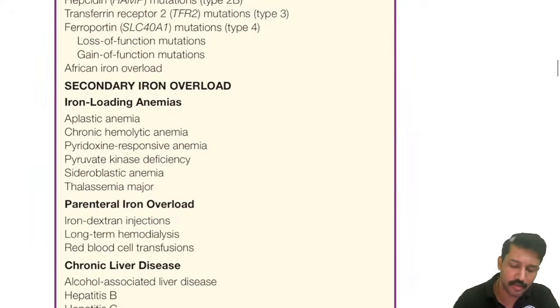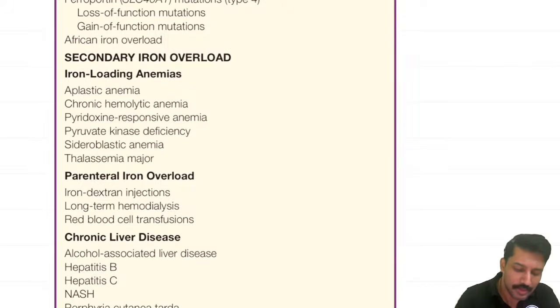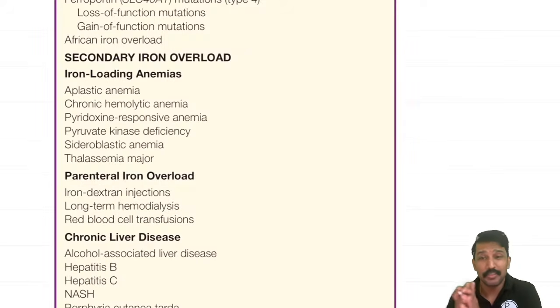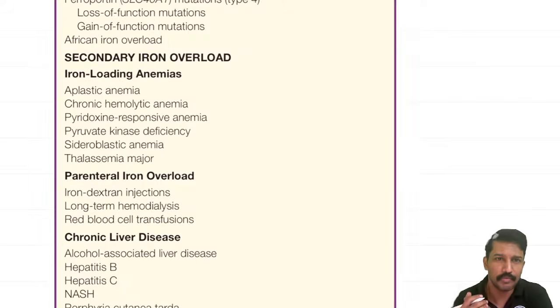For non-hereditary or secondary iron overload, it could be the iron loading anemias like aplastic anemia, sideroblastic anemia, or thalassemia major. In those conditions, even the treatment matters, for example someone with aplastic anemia or thalassemia major will go through repeated blood transfusions. Every transfusion brings in a big load of iron.